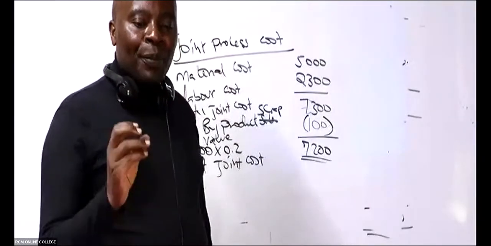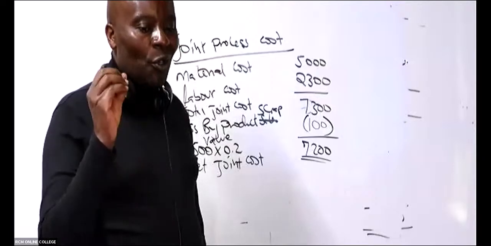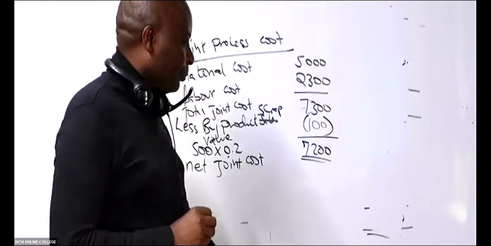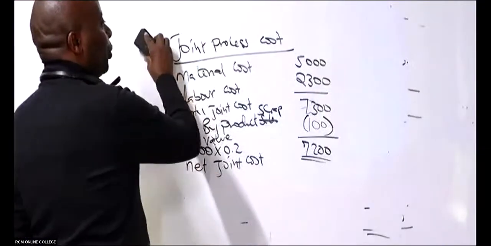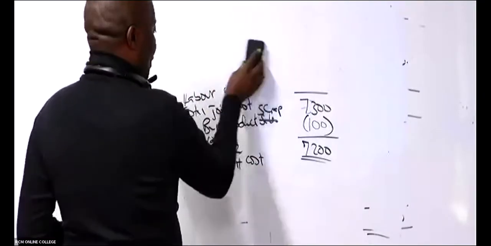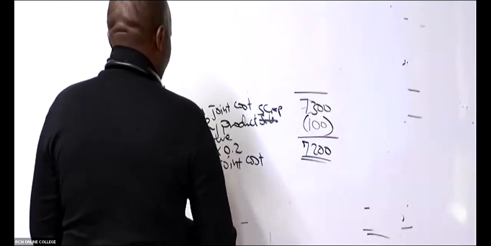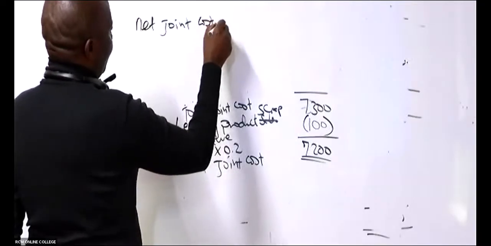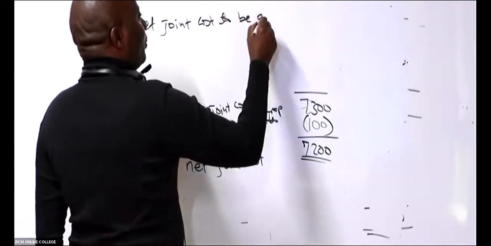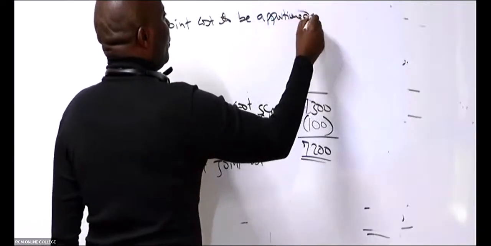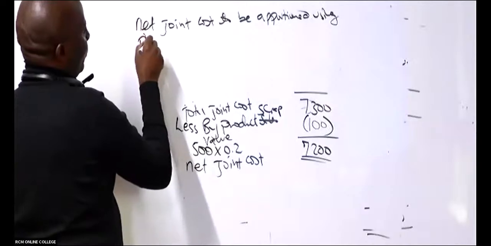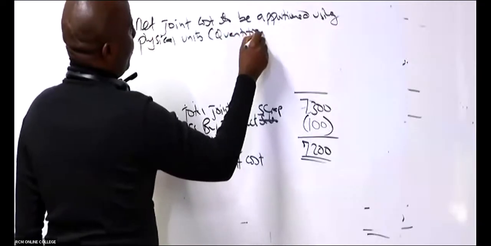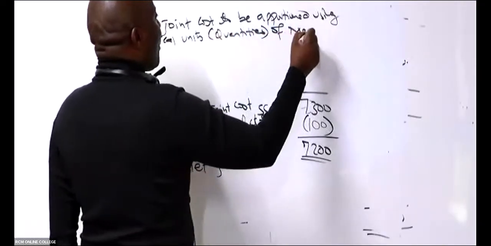Remember here, the examiner wants us to use physical units, so the net joint cost is apportioned using the number of units produced, of main products.